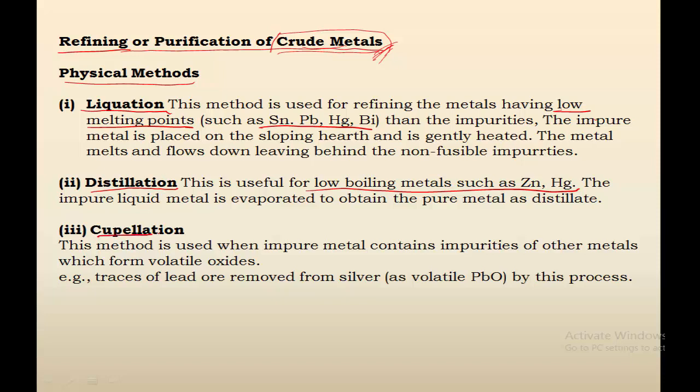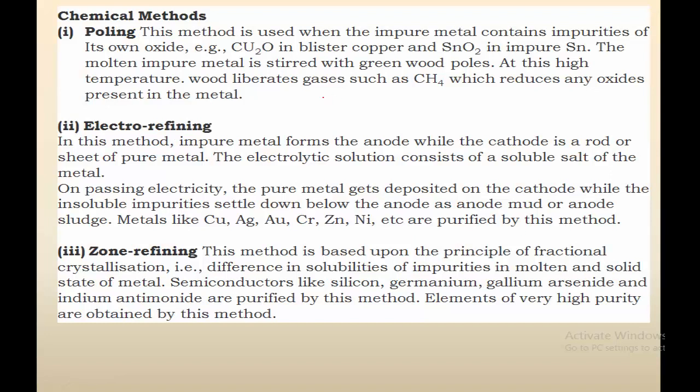Next, the third one is cupellation. This method is used when the impure metal contains impurities of other metals which form volatile oxides. For example, traces of lead are removed from silver as volatile lead oxide by this process. Then chemical methods.